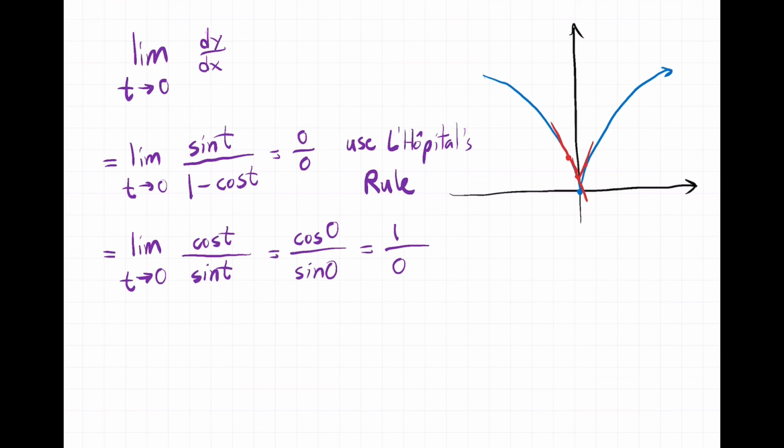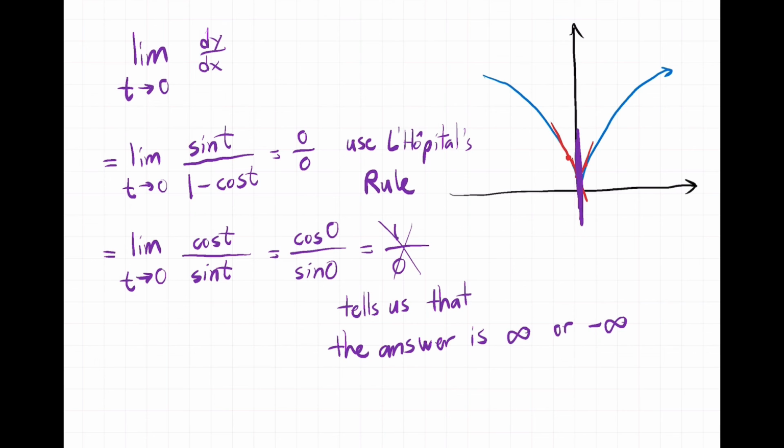This is not an answer, but what this tells us is that the answer is either infinity or minus infinity. And which one of those hardly matters in this case, because what it tells us is that our tangent line, as we approach this cusp, is actually going perfectly vertical.